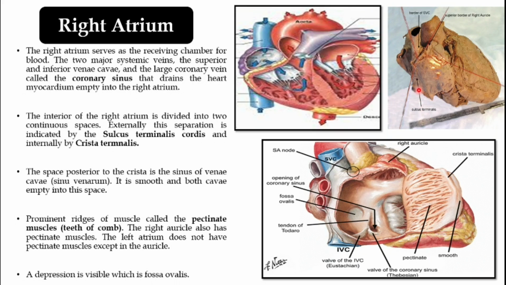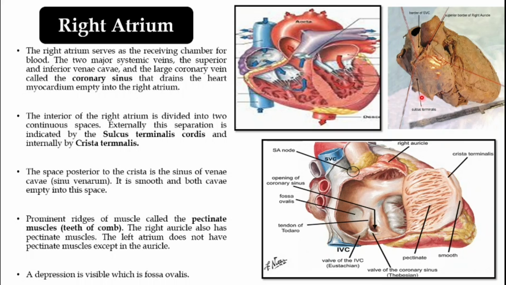The area from which we have cut the right atrium, that shallow groove area, is known as the sulcus terminalis. Externally that area is known as the sulcus terminalis, and internally that is known as the crista terminalis.